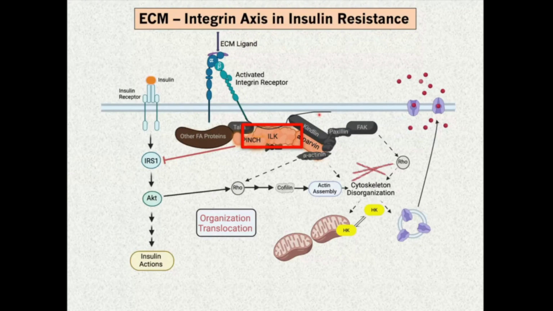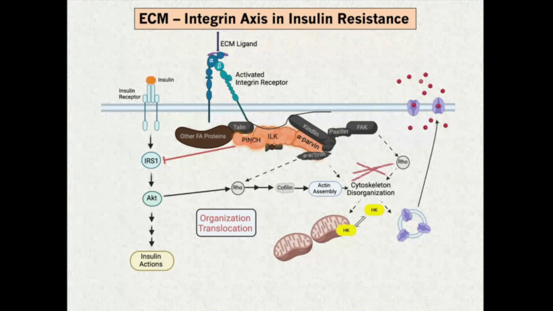Now, we explored and focused on this enzyme. Let me elaborate a little bit on this IPP complex because for simplicity, I divided it into two parts. The pinch side, which works on tyrosine receptor signaling, insulin signaling, and the parvin, which orchestrates the cytoskeleton side. And ILK can affect either one of these.